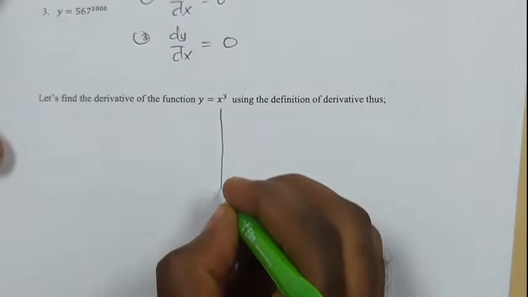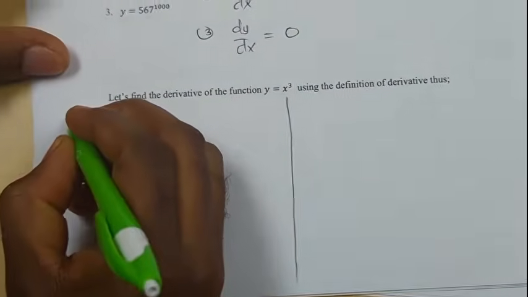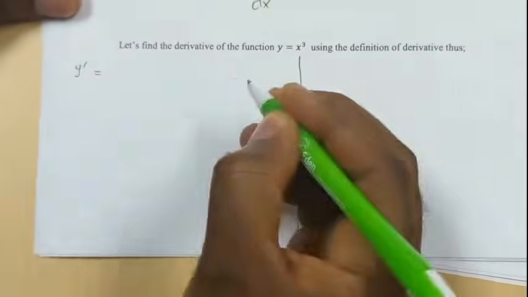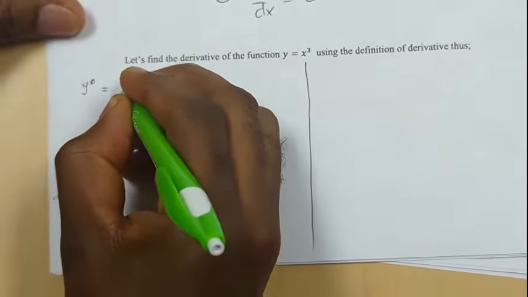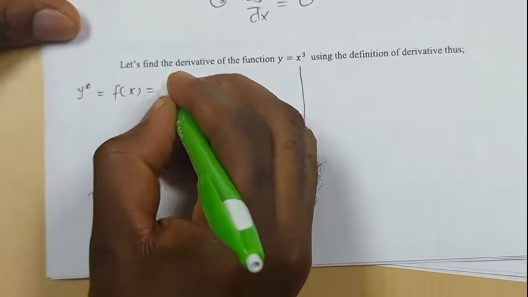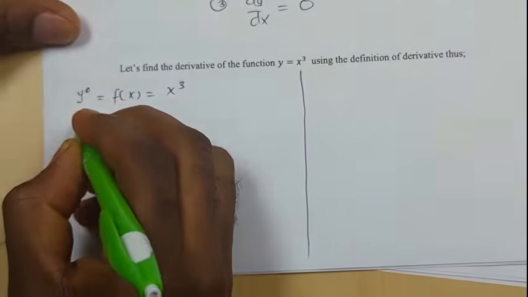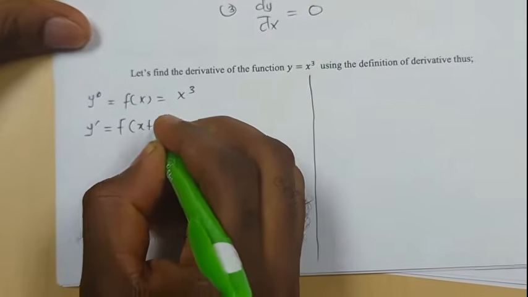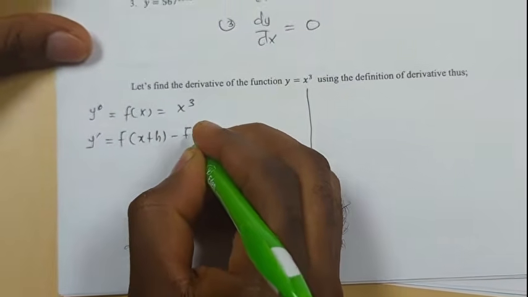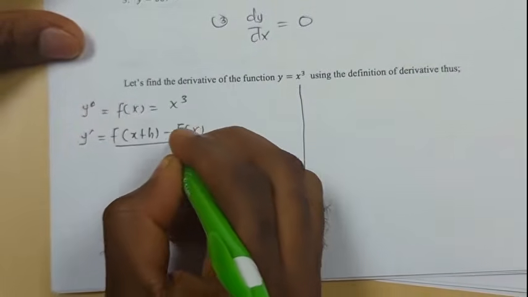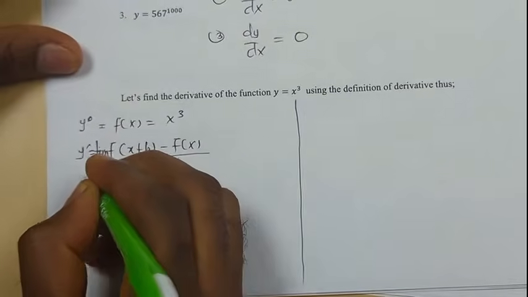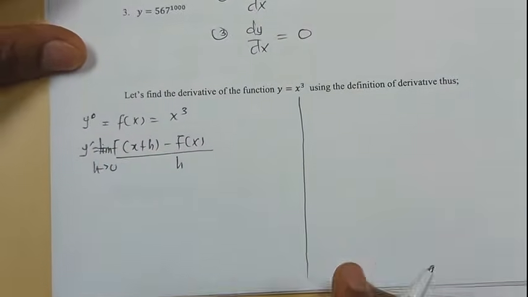Remember, from the definition of derivative, y prime in this case will be equal to, okay, so if y is equal to f of x, which is equal to x cubed, then our y prime will be equal to the limit of f of x plus h minus f of x all over h as h approaches 0.